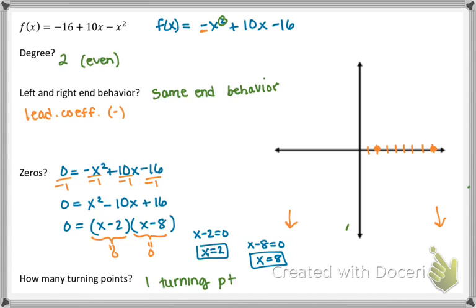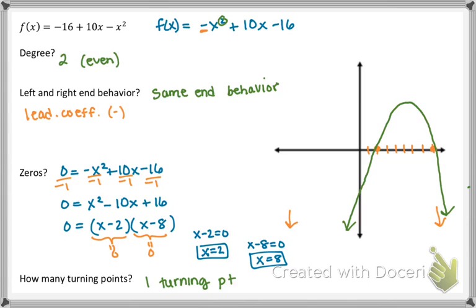So I'm going to start on the left, go through my first intercept, then my turning point, and come back down, and both arrows point down. So again, how do you know how far up this parabola is? This vertex, we don't, we're just generally sketching it out.